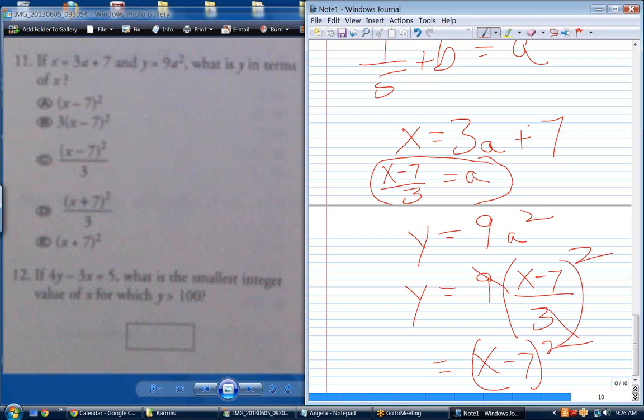So is that one of our answers? Yeah, x minus 7 squared. Okay. And always check your answers before you go any further here. It might be natural to go ahead and expand that. But then after you do and you look up at your answers, you realize there aren't any expanded answers on there. So you would want to leave it in this form.